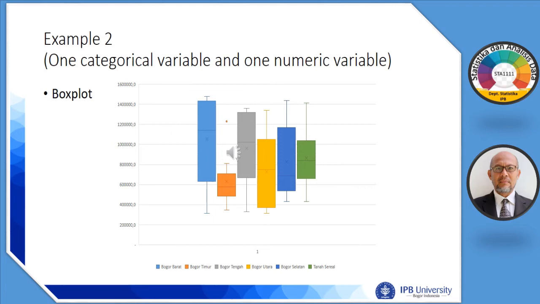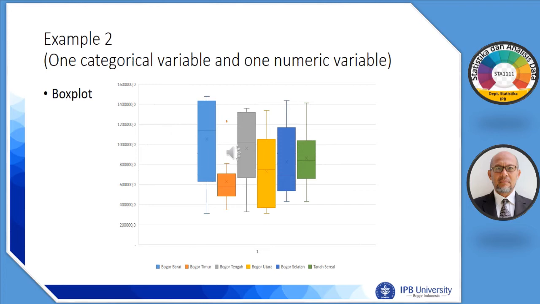The biggest median, for example, is in Bogor Barat compared with the others. But from the distribution, you can also see that although Bogor Barat, or West Bogor, on average could be the biggest, there are also some samples or households with the smallest expenditure.